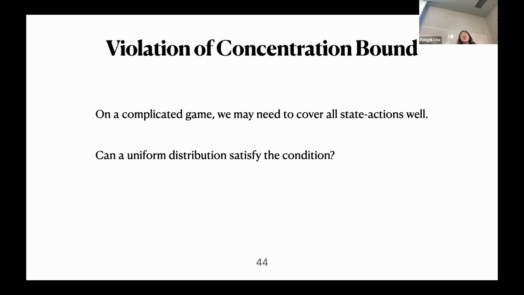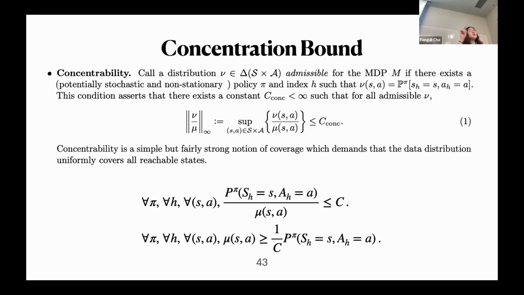Is this concentration bound actually realistic? So for Atari, basically all states are reachable by some policy. If we want to cover all state actions, maybe what we can try is only the uniform distribution. But the thing is, uniform distribution will be equal to 1 over state space size times action space size.